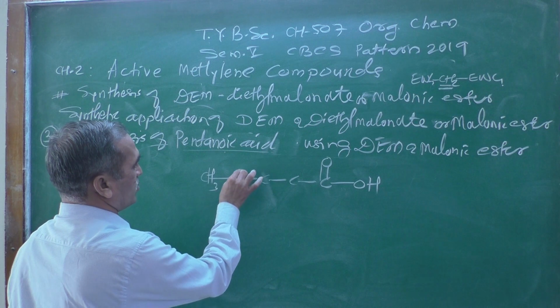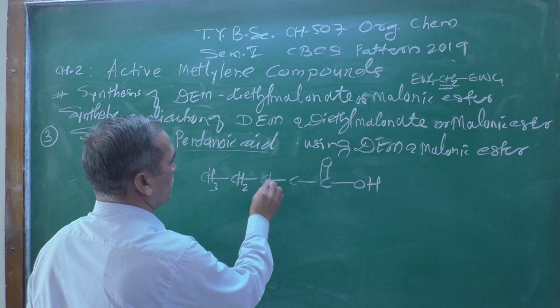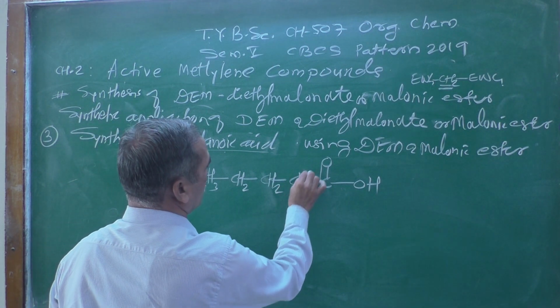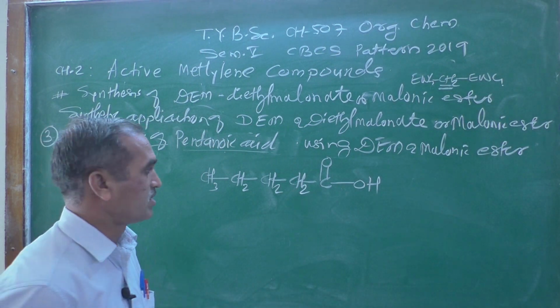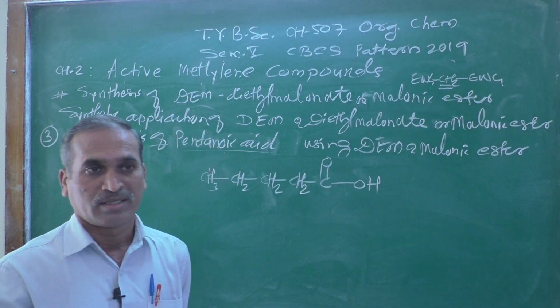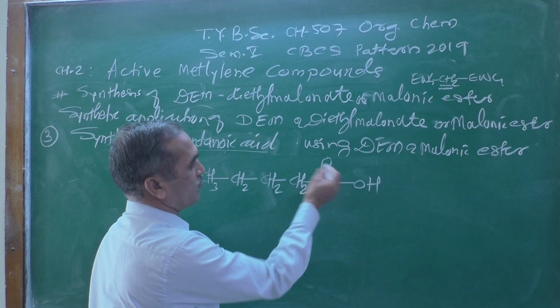Here you can attach 3 hydrogen atoms, because carbon has a valency of 4, so to satisfy the valency you should attach the appropriate number of hydrogen atoms. Here 2 bonds are there, so you can attach 2 hydrogens, CH2. Here also 2 bonds are there, so you can attach 2 hydrogens. Here already 4 bonds are there, so there is no need to attach any hydrogen atom. Remember that 1, 2, 3 and 4 are there.